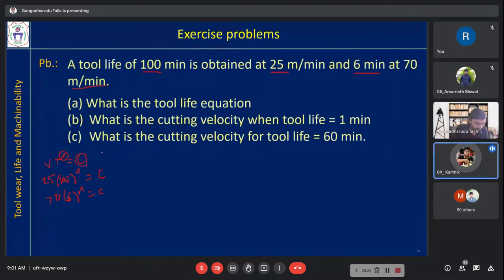Sir, n I got 0.366, sir. And C is 134.8. Okay, n equal to 0.366. Okay, fine. It will be in that range generally, somewhere around 0.3, 0.4.